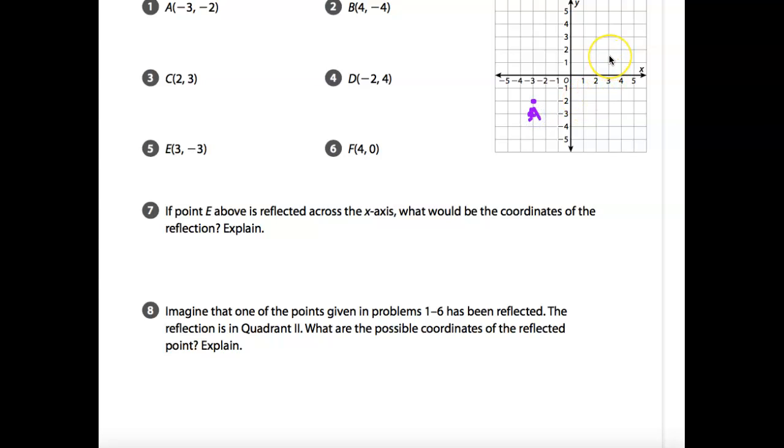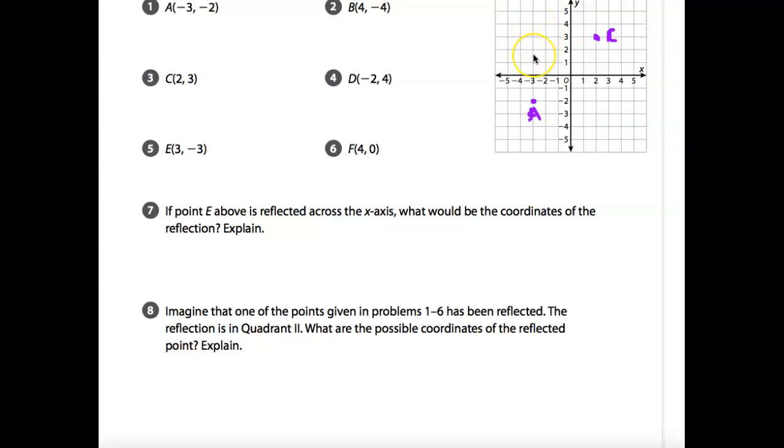All right, and then we had C, (2, 3). (2, 3) was C. So it's telling you that the reflection ended up in quadrant 2.